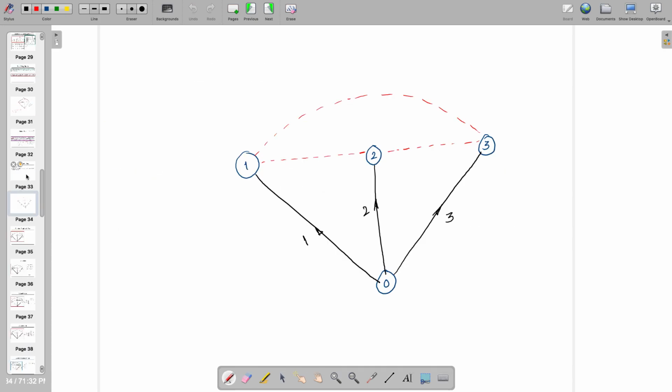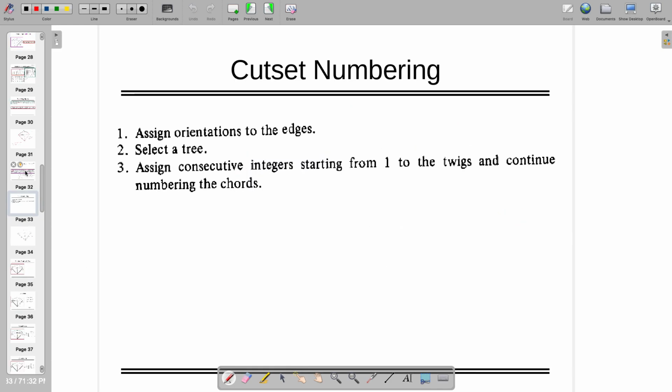If I am using this particular tree, you can see the black solid lines are part of the tree, 1, 2, 3 are twigs. The procedure this book suggests is to assign orientation to the edges and assign consecutive integers starting from 1 to the twigs and continue numbering the chords.